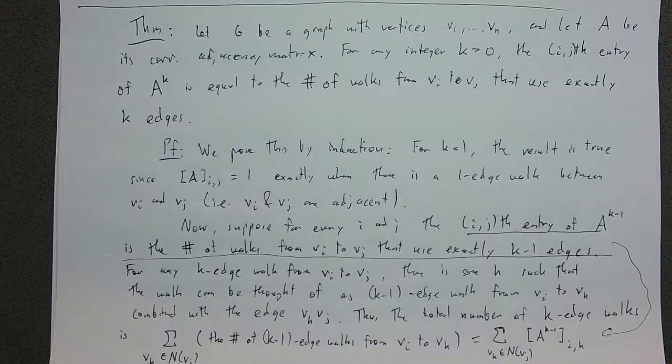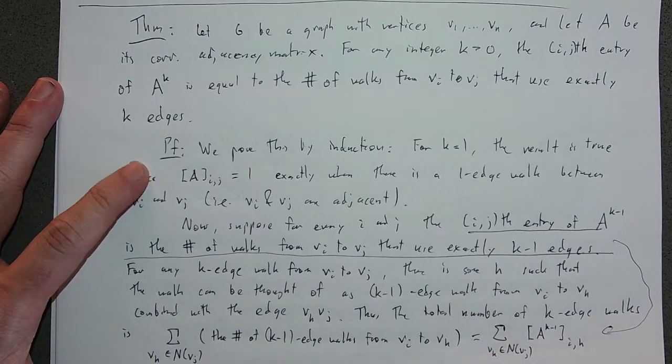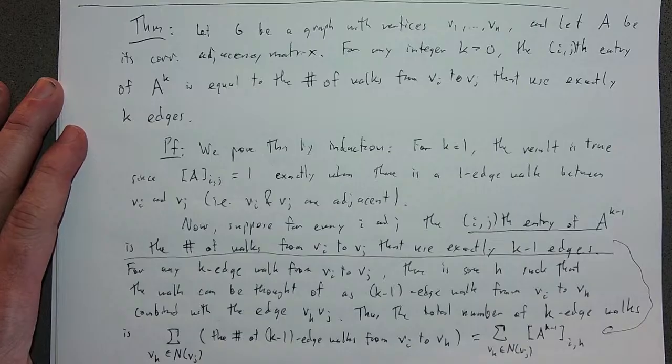Okay. But, I mean, here, what is it that's actually going on? How can we rewrite this sum in a way maybe more amenable to computation?